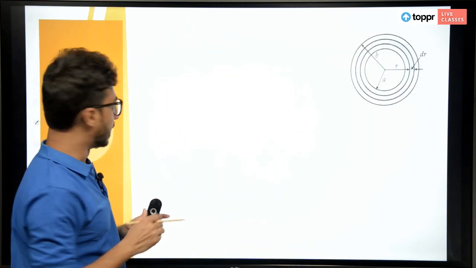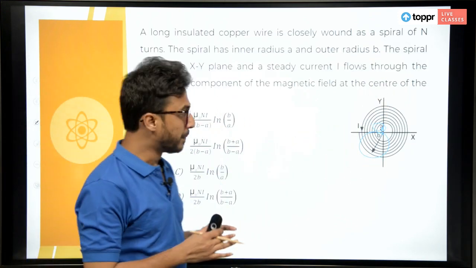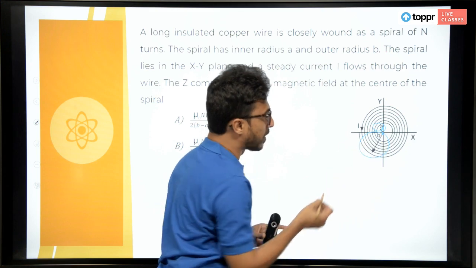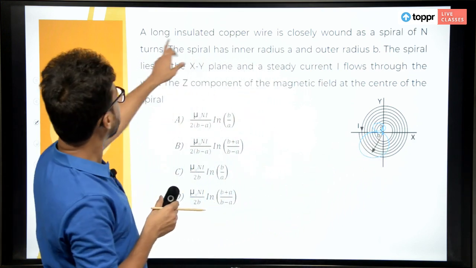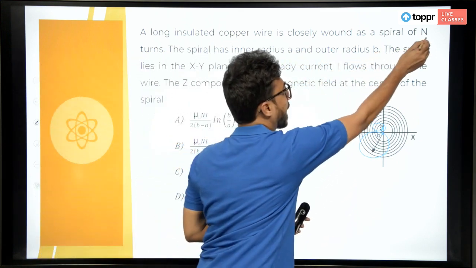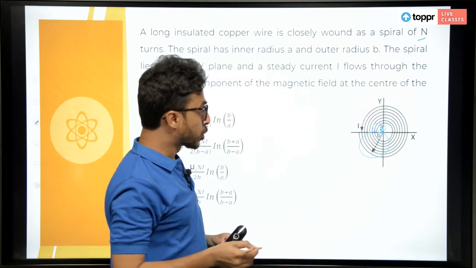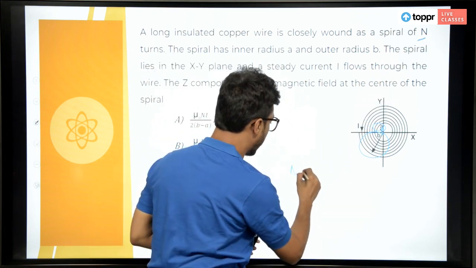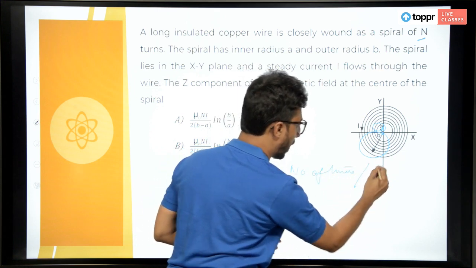Let us consider the spiral: the smallest radius is A, the larger radius is B, and the number of turns is capital N. So, what is the number of turns per unit length?